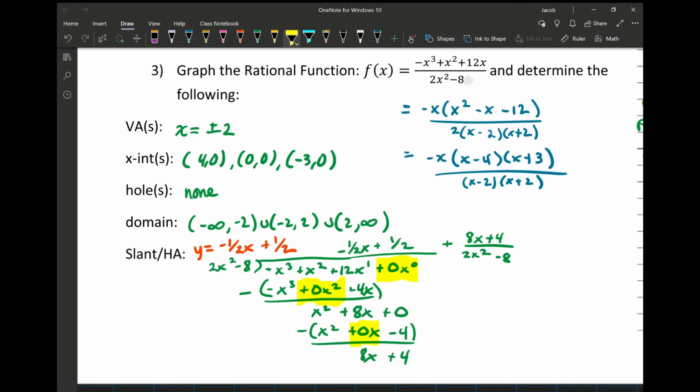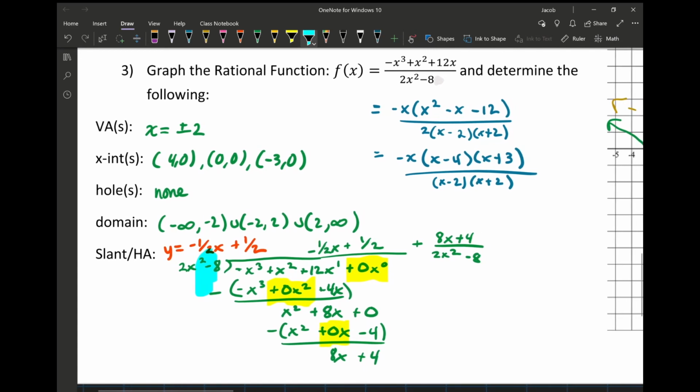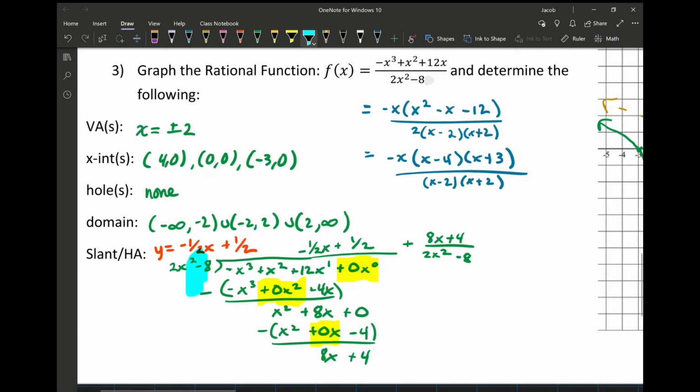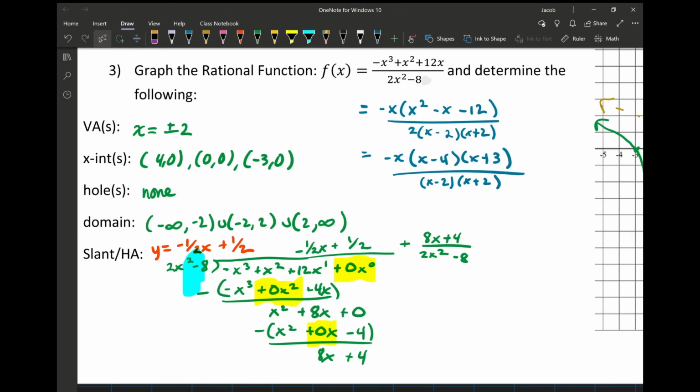And that's just a result because we're missing a linear term when we divide, so we get a 0 term that needs to be present. And our slant asymptote is present right there.